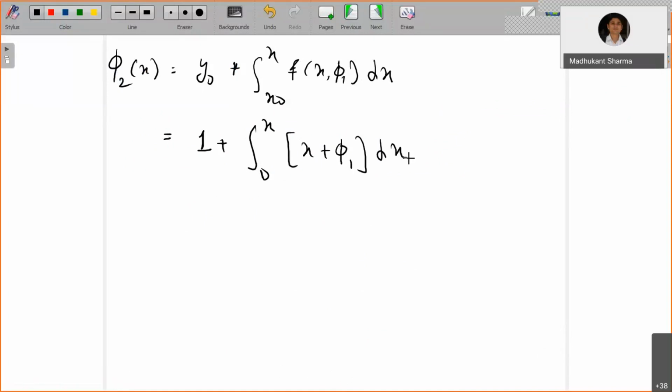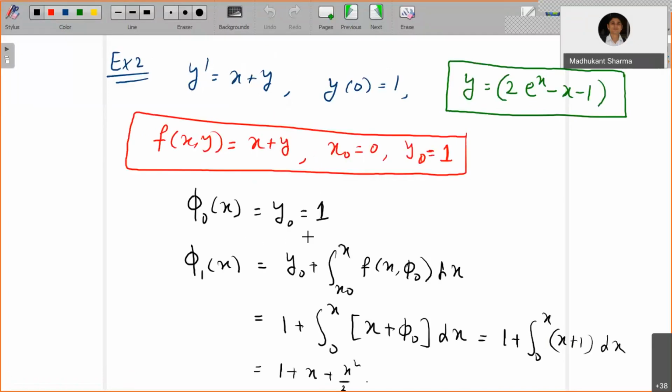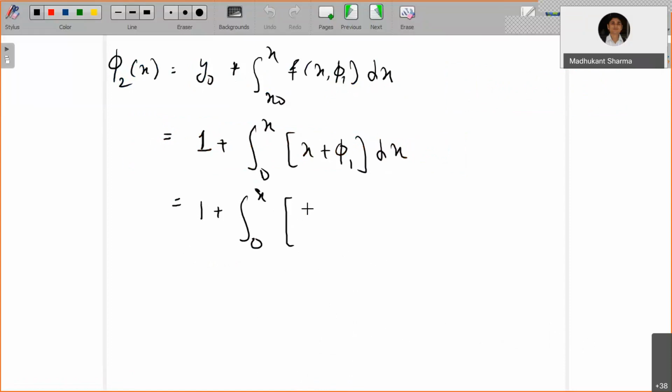Now you substitute what is phi1. What is x plus phi1? phi1 is this, 1 plus x square by 2. So x plus x is 2x. What you will observe here is the integration of 1 plus 2x plus x square by 2 factorial dx.